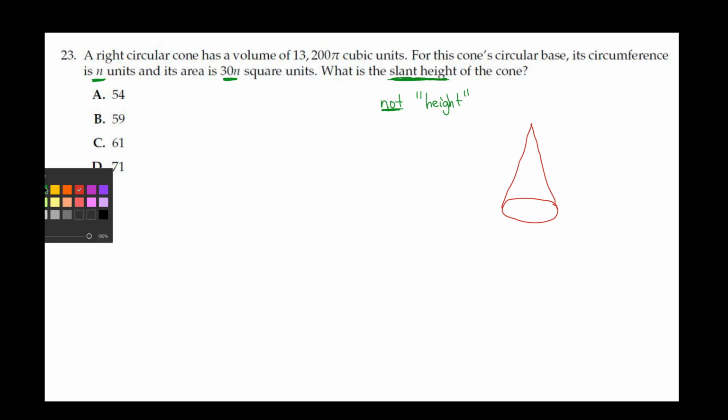When we say height, we're talking about beginning at the very top of the cone, but going straight down, in fact, to the center of the circle. Now, when we say slant height, we're still starting at the top of the cone, but this time we go down in a slanted fashion and reach a point on the circumference of the circle.